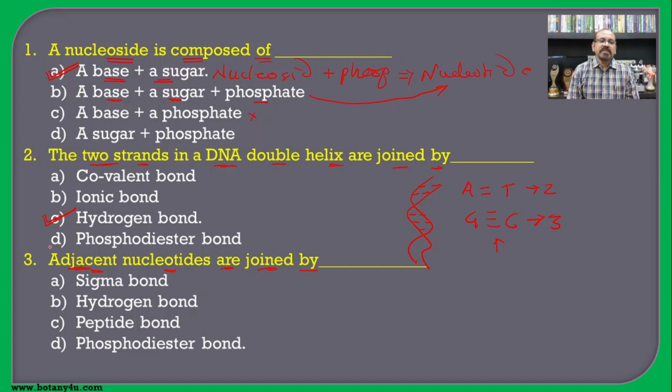They are joined with each other by means of the 3' OH group and the 5' phosphate. This bond formed between the nucleotides is known as the phosphodiester bond.